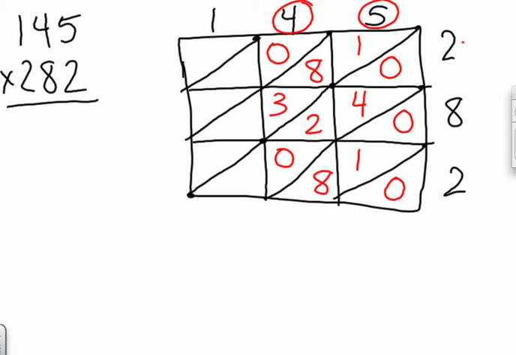Moving on to the last column, the 1s. This should be relatively easy, but remember, if it's a single digit, you need to put a 0 in front of it. 1 times 2 is 2, so we put a 0 in front of the 2. 1 times 8 is 8. 1 times 2 is 2. We put the 0 in the box just to hold the spot.